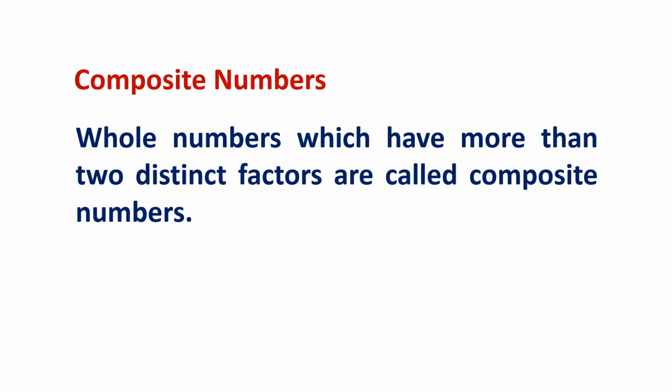Once again it has got more than 2 factors, so we can call 6 a composite number. Likewise, you can mention any number of composite numbers. There are so many, for example 4, 6, 8, 9, 12, 14, 15.